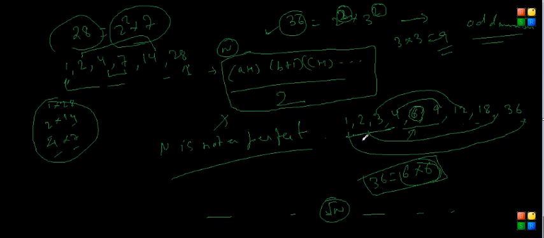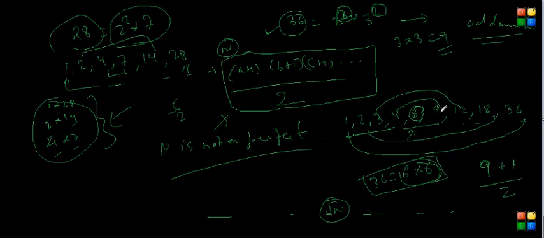So in how many ways can we do it here? The total number of factors is 9. In the case of 28 we had a total of 6 factors, and we did 6 by 2 to get the number of ways of writing the product of two numbers. So here I am going to do (number of factors plus 1) by 2.